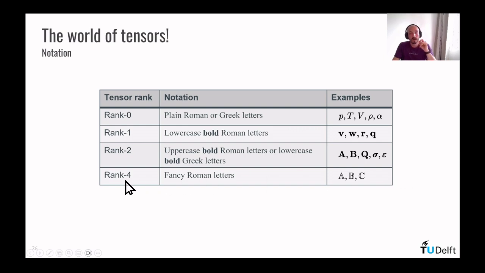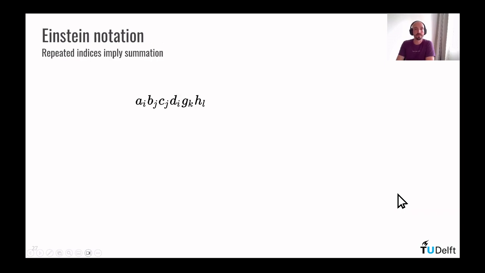Rank 4, I'm not even bothering with rank 3 because we're not going to use it. So for rank 4, we use some fancy Roman letters. For example, this fancy A, fancy B, fancy C, whatever that means. Okay, so this is the notation.